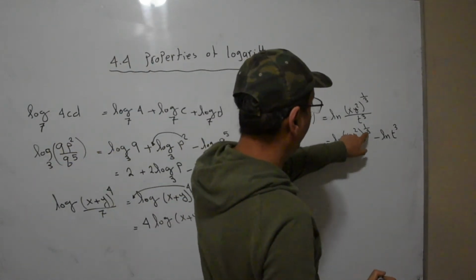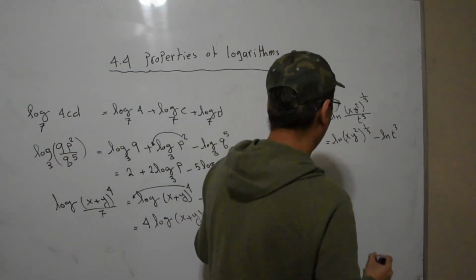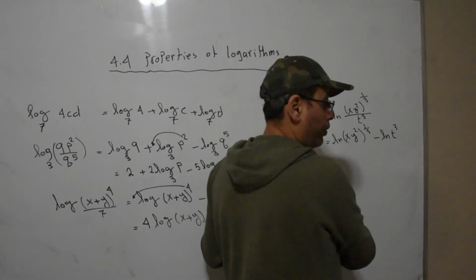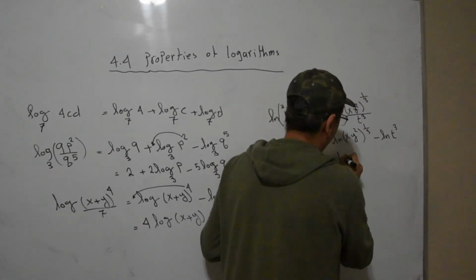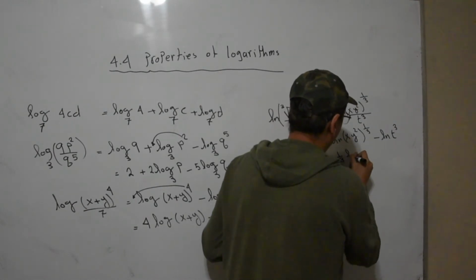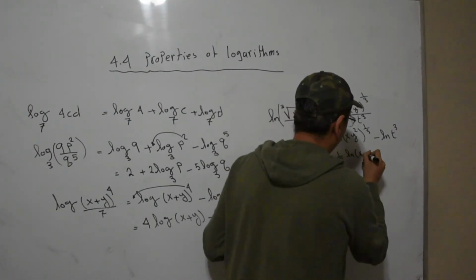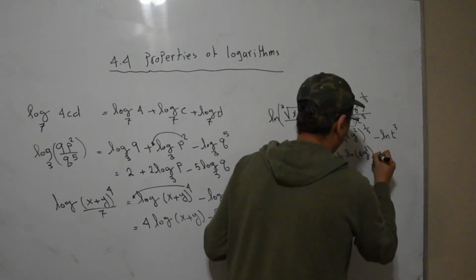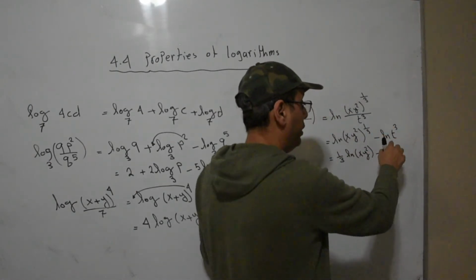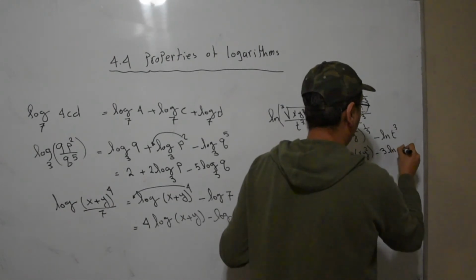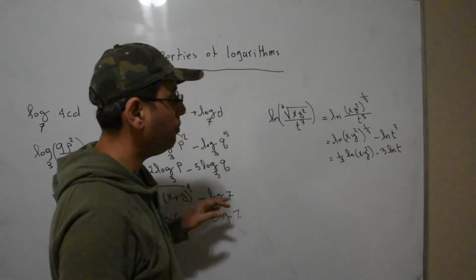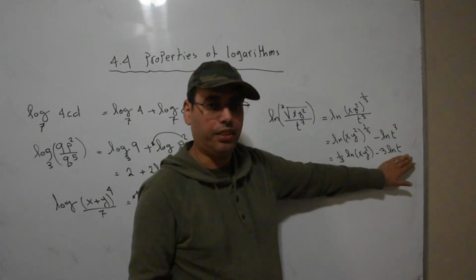Now, I have to get rid of the coefficient. So I move the coefficient right in the front of the natural log here. So that would be 1/3 the natural log of xy squared minus, same thing here, I'm going to move the 3 here, I have the 3 natural log of t. Good, so now this is done.